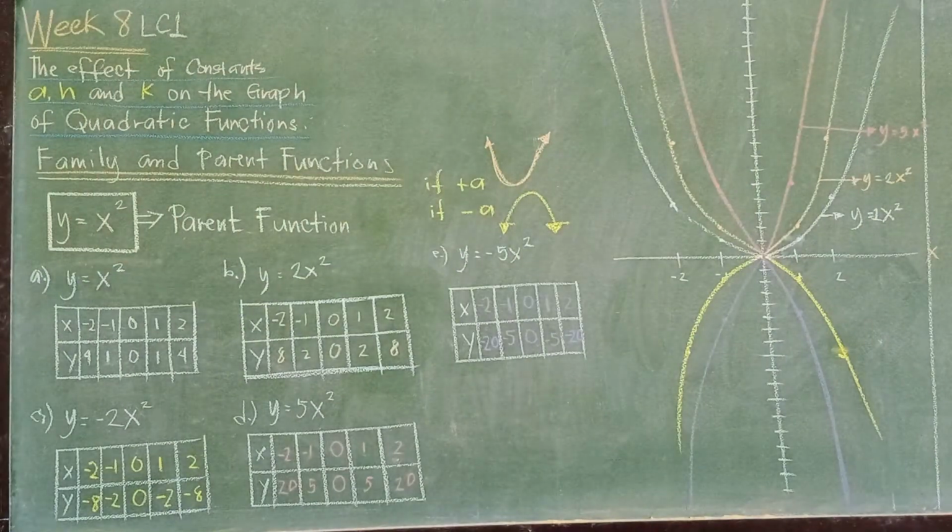So kung i-compare mo yung yellow, which is negative 2x squared, tapos yung negative 5, mas mataas yung negative 2 kaysa sa negative 5. So yung negative 2, yung opening niya mas malaki kumpara doon sa negative 5.